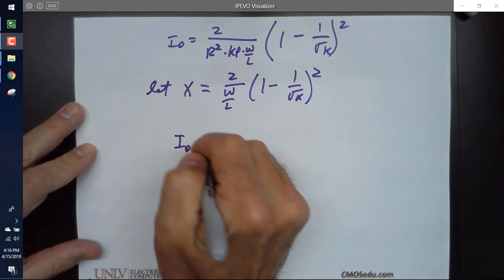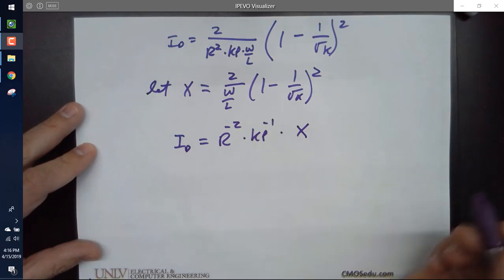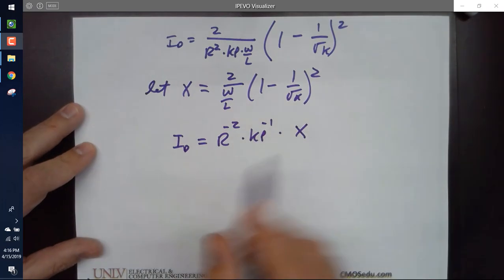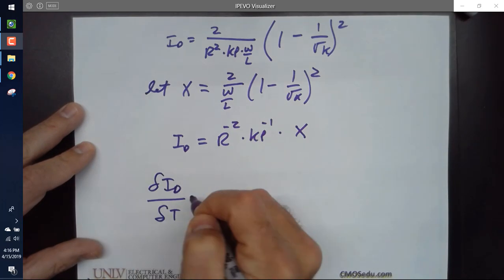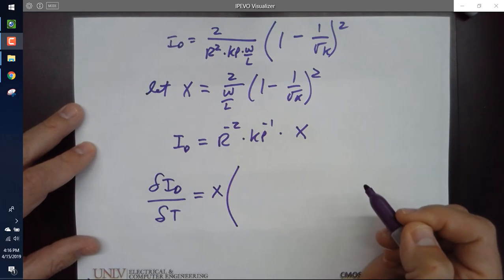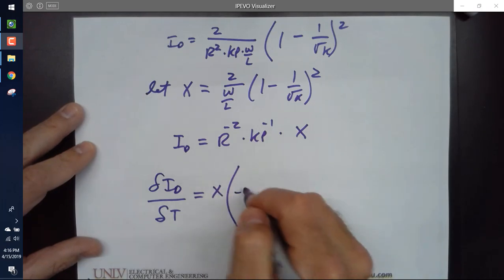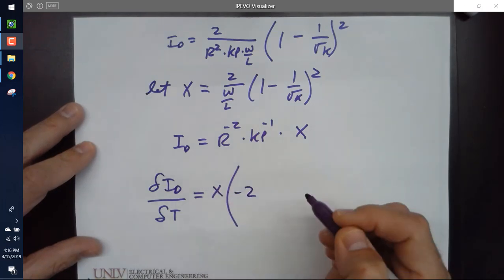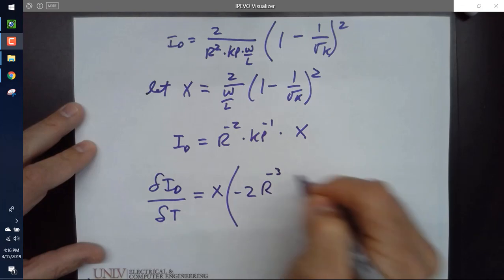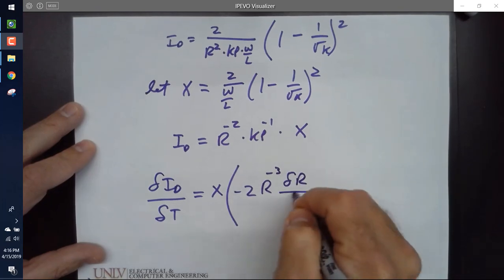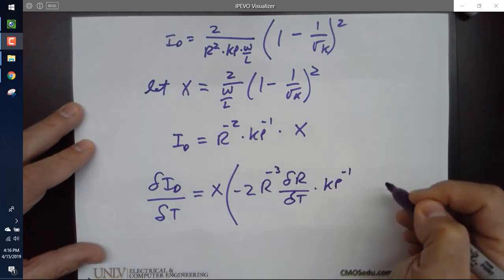Then I'm going to say ID equals R to the minus 2 times Kp to the minus 1 times X. Then the derivative of ID with respect to temperature is equal to X times minus 2 R to the minus 3 del R del T times Kp to the minus 1.